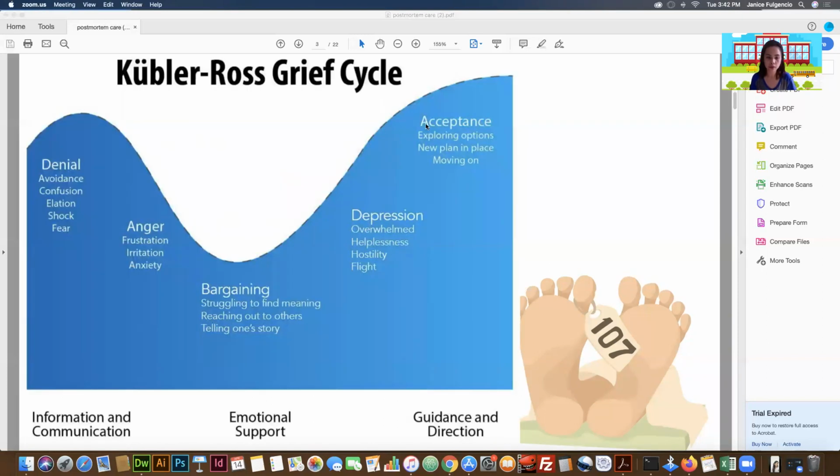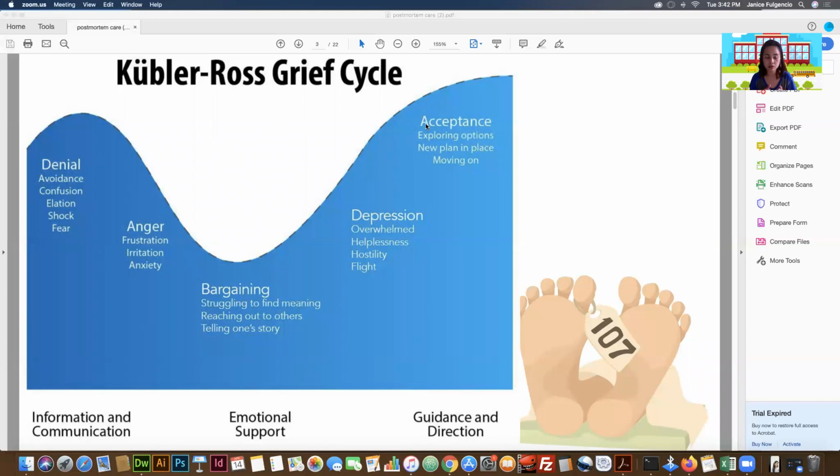According to Kubler-Ross, there is a cycle of the grieving process. The acronym for that is DABDA: D for denial, A for anger, B for bargaining, D for depression, and A for acceptance.